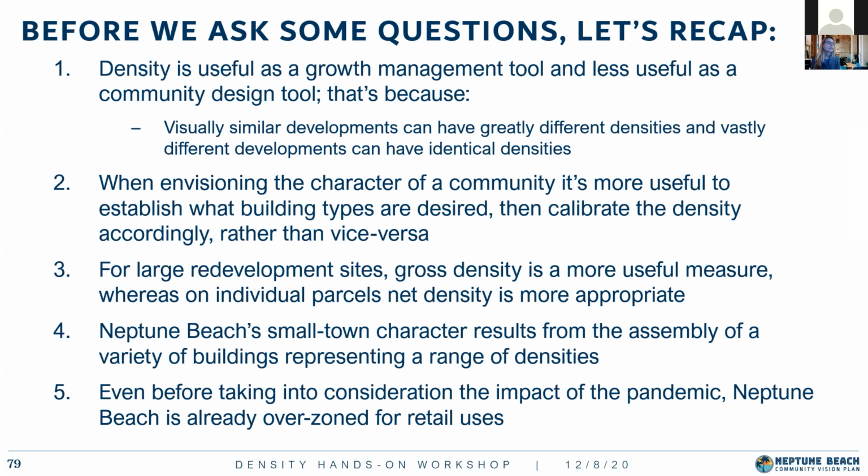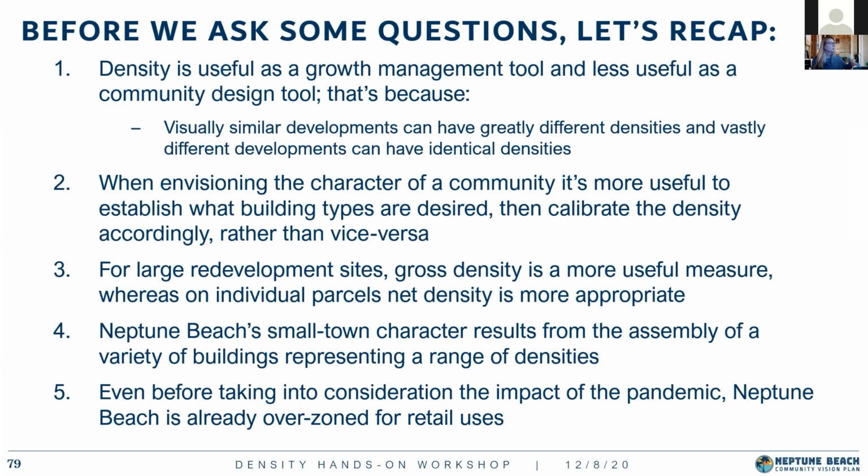This is like the slide I just showed previously, where you can have an average gross density on a large site that is very much a medium to low density character. But within that average, you still have a wide range of different net densities of different types of buildings.